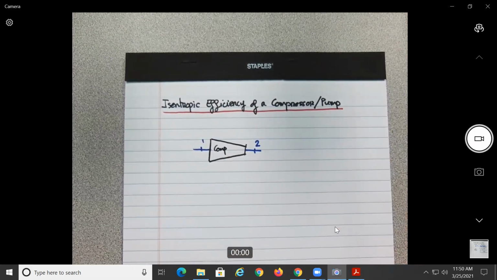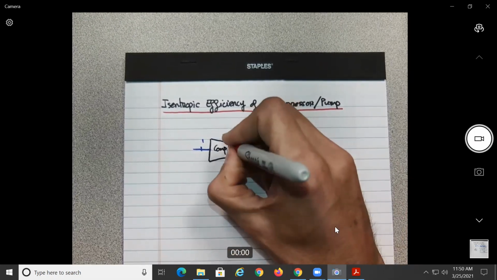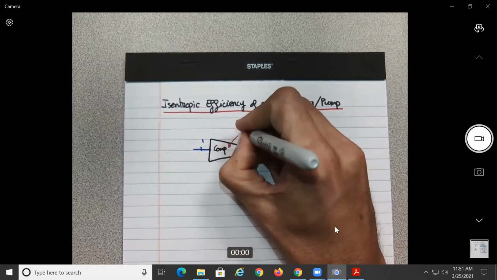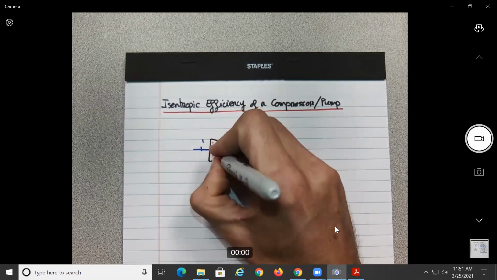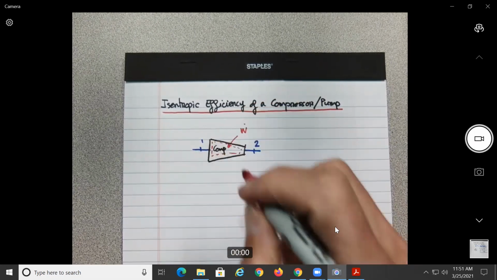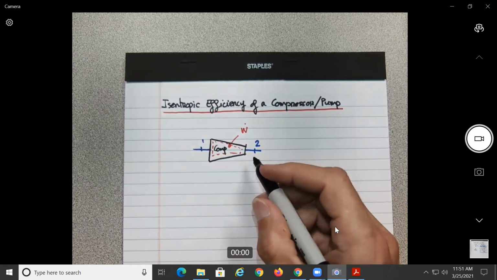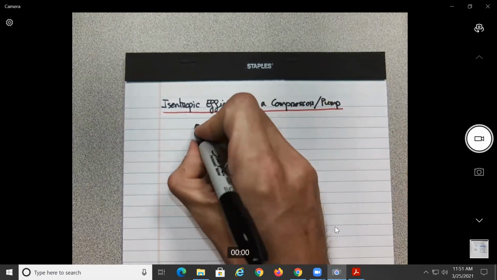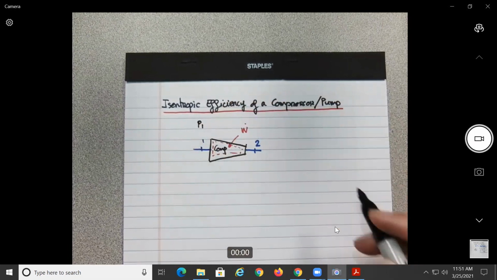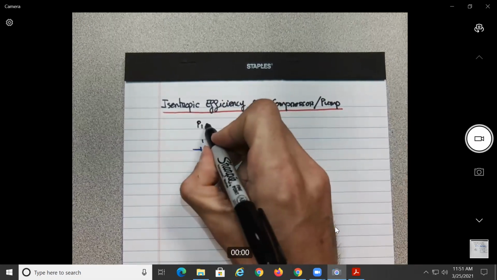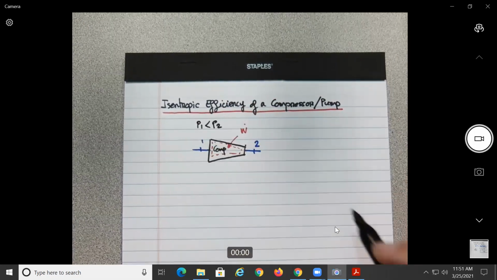Since we did that before, we know this one now. The compressor is going to require work. It's not going to provide work. And this one now is easy. Compressor or pump is going to do the same thing. Which pressure should be higher? P2 should be higher than P1, no?